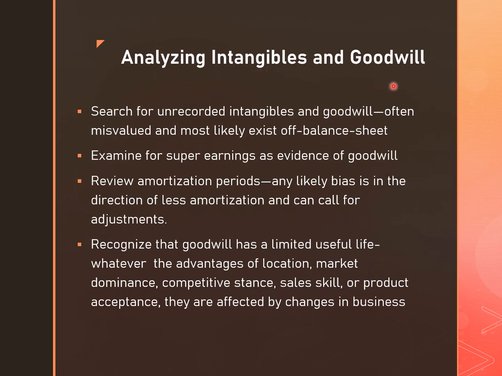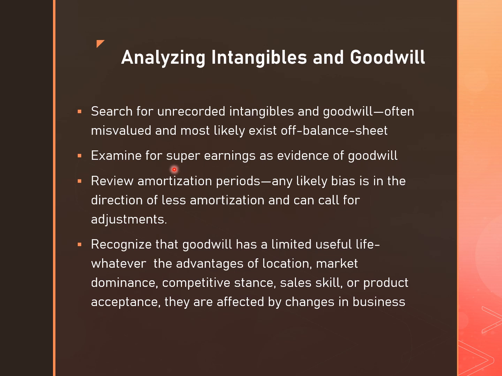Analyzing intangibles and goodwill, since these are things that cannot be seen, they are often misvalued and most likely exist off balance sheet. It means it is hard to find, and even if it exists, its value may be misvalued. Examine for super earnings as evidence of goodwill.